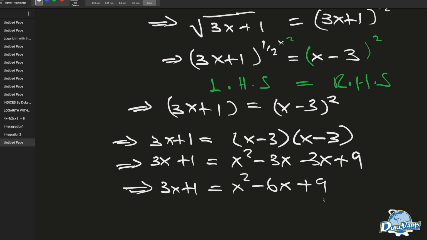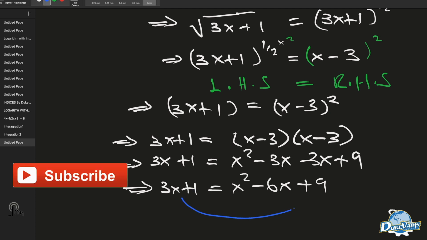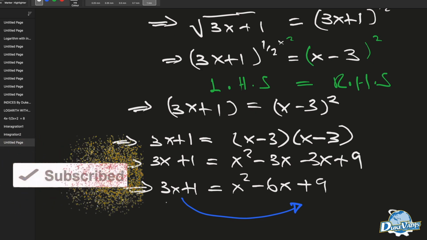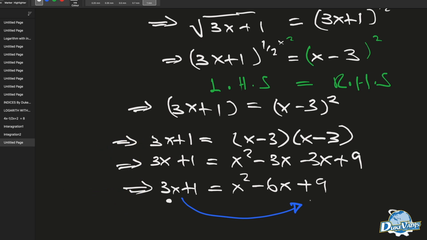We're going to shift everything on the left to the right. By so doing, the 3x crosses the equal sign and becomes negative 3x, and when the 1 crosses, it becomes negative 1. So our equation will boil down to x squared minus 6x plus 9 minus 3x minus 1 is equal to 0.